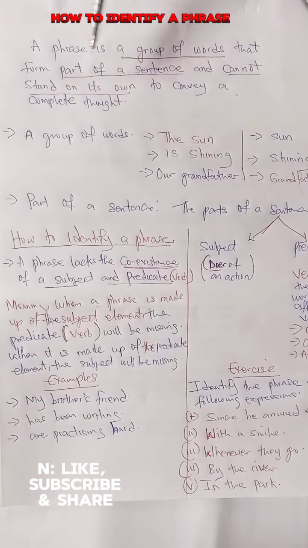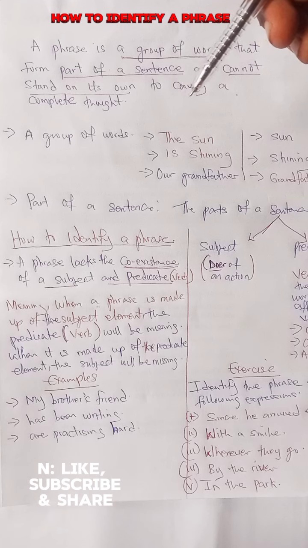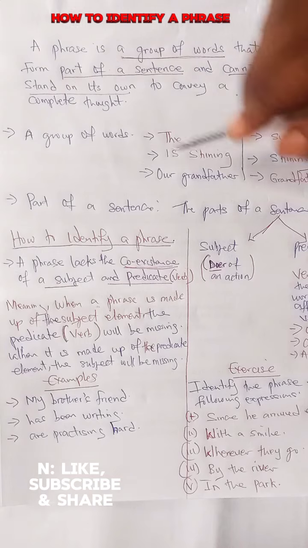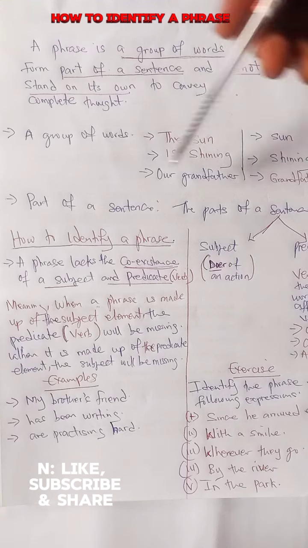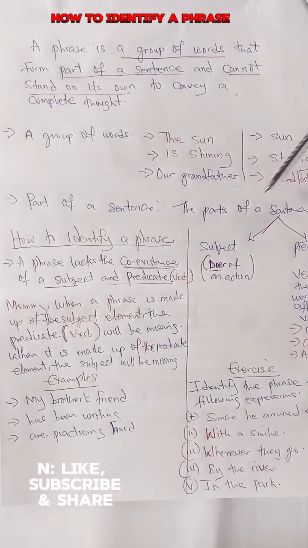There's another thing that projects it as a phrase, which is that it forms part of a sentence. So despite the fact that a phrase is a collection of words, it serves as a part of a sentence. And the question is, what are the parts of a sentence? Basically, the parts of a sentence are two.